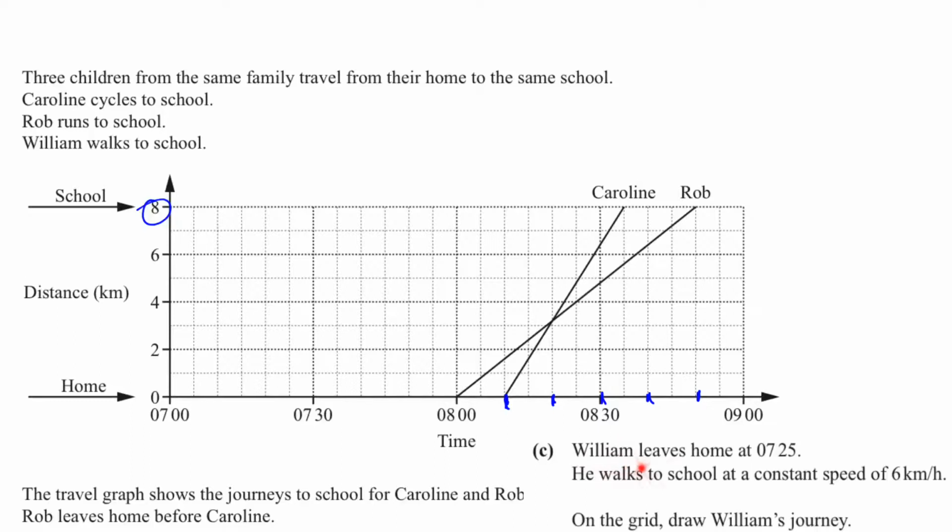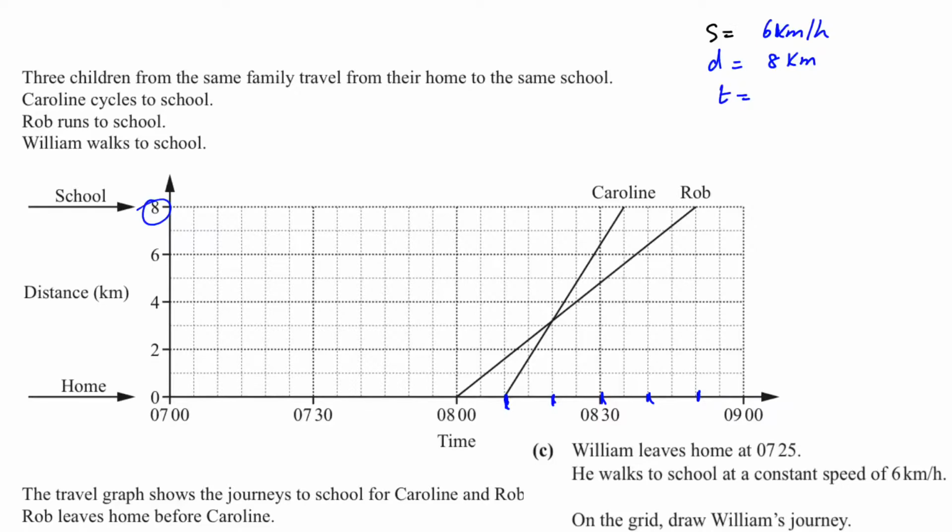Part 3. William leaves home at 7:25. He walks to school at a constant speed of 6 km per hour. On the grid, draw William's journey. We have the speed, which is 6 kilometers per hour. We know the distance is 8 kilometers. We need to know the time.